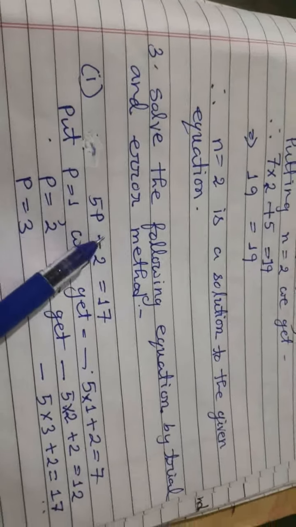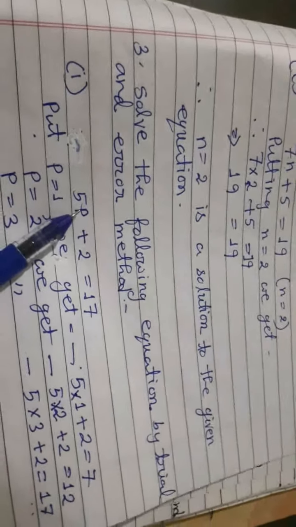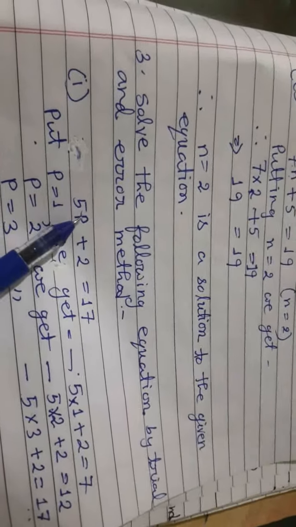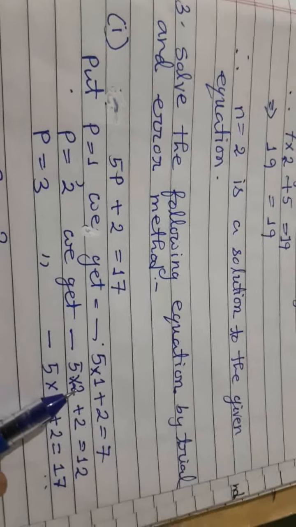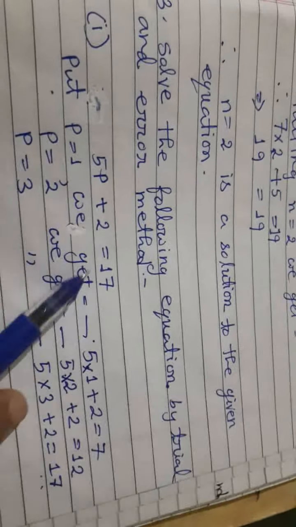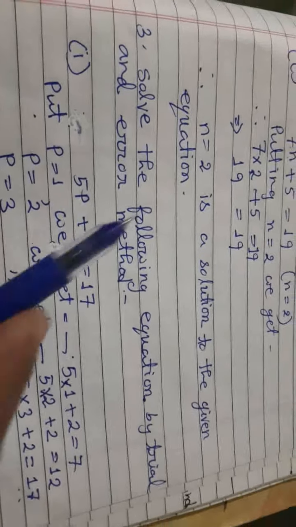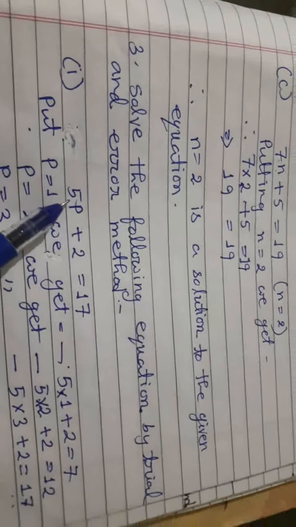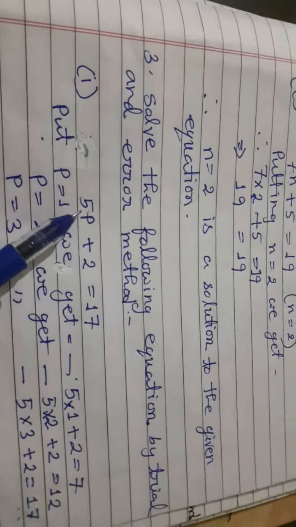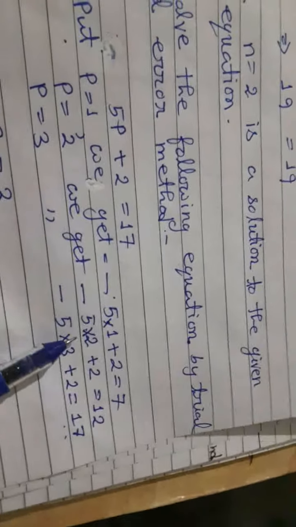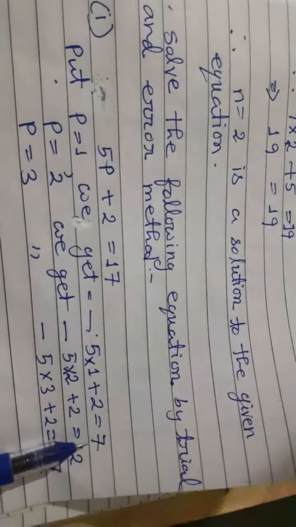Suppose first we put p equal to 1, then 5 into 1, 5, 5 plus 2 we get 7. If we put p equal to 2, 5 into 2. Again I say, there is no symbol here, plus, minus or division, that means this is multiplication. 5 into 2 equal to 10, 10 plus 2, 12, that is not 17.